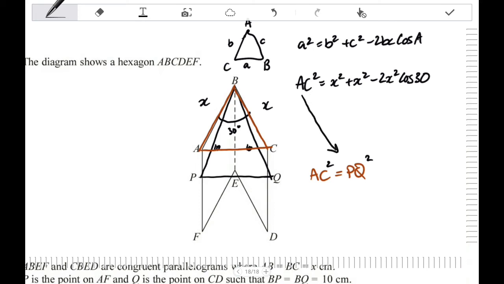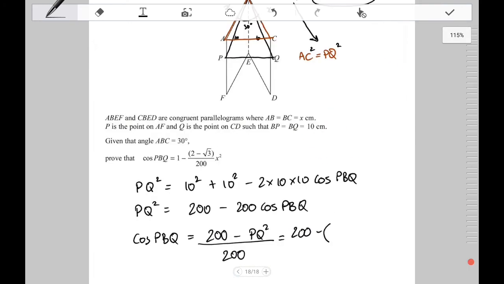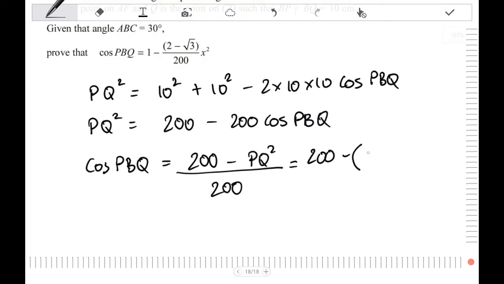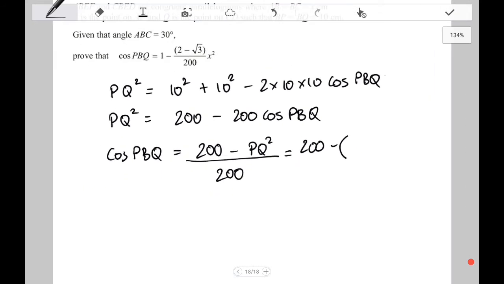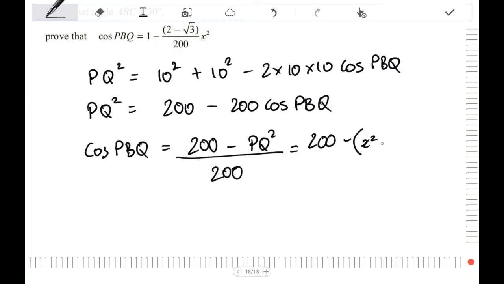So based on this, I can substitute this for PQ squared here. It's x squared plus x squared minus 2x squared cos 30, all over 200.